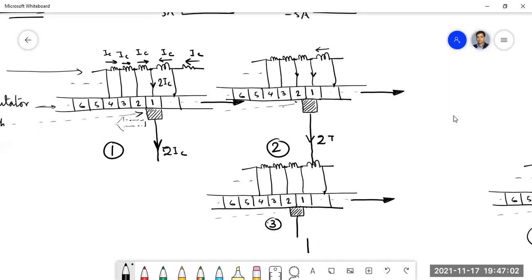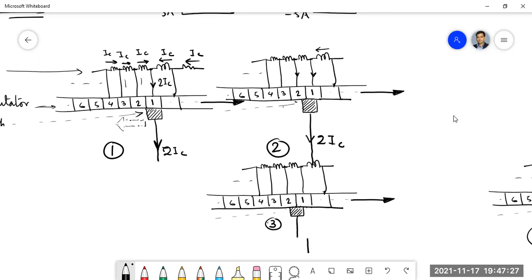It will be 2 IC only, but what will be the currents in these two branches, that we have to find out. Previously there was no current in this branch because it was not in contact with the brush. As now these two paths are in contact with the brush, in both of them there will be some flow of current.